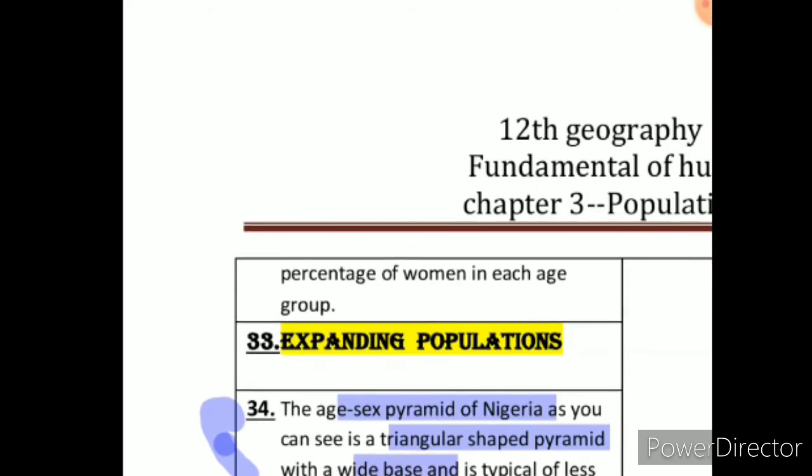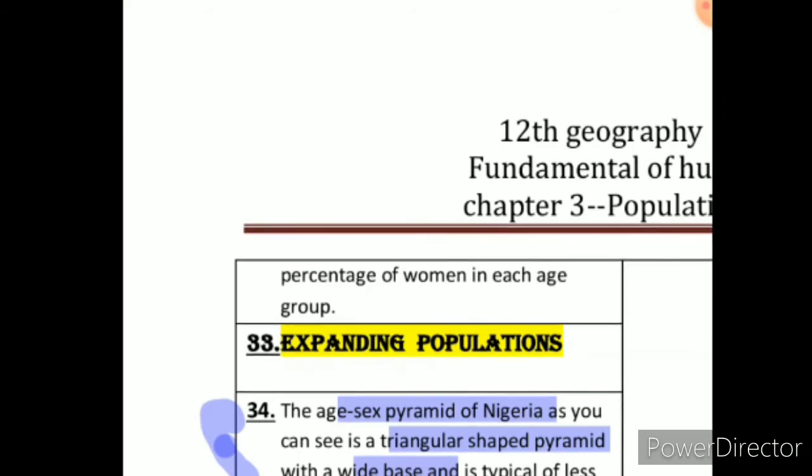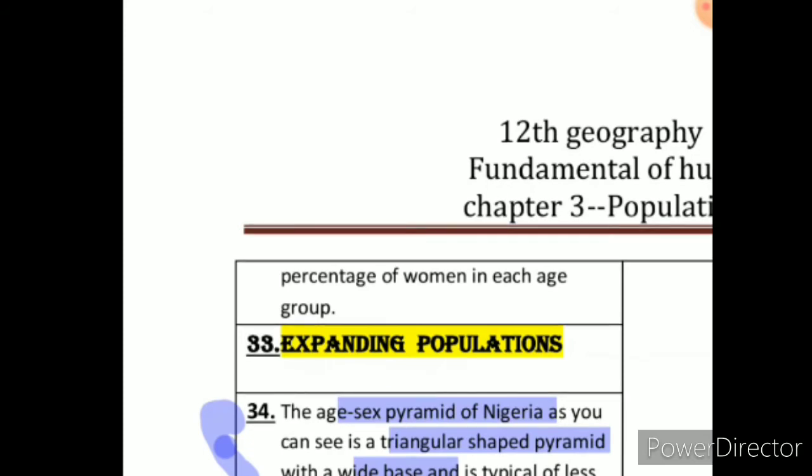It's quite a big base, right. And basically the age sex pyramid of Nigeria reflects less developed countries, right. So it means a large population basically in a lower age group. Why? Because high birth rate is there, very common.